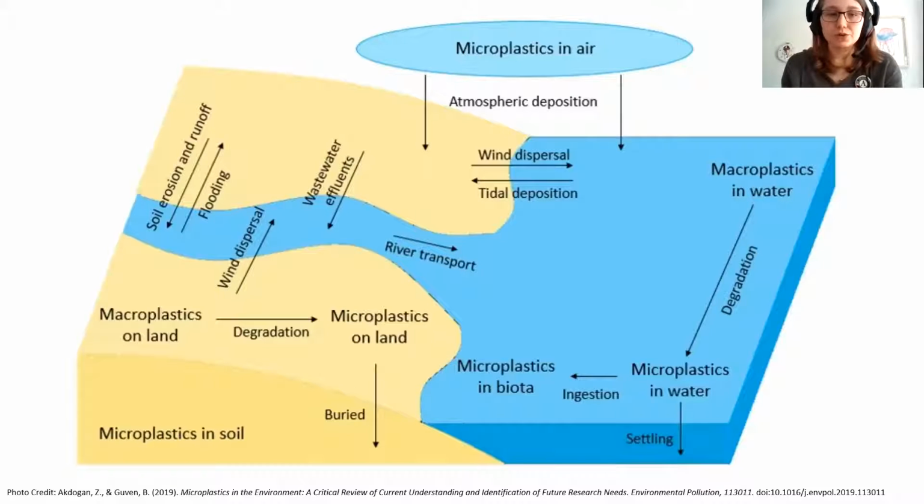Some are going to get degraded as they move along that path. Some are going to get buried and deposited. And of course, as we were saying before, some of them are going to get ingested in the food web, right? And then those microplastics can get passed through different organisms over time. And sometimes, like I was saying before, they will get deposited in deep ocean sediments.